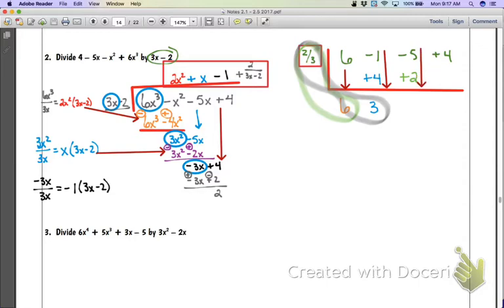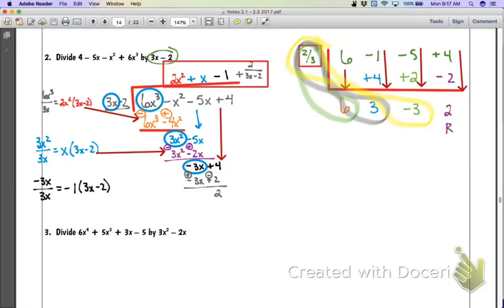Straight down, so then I'm going to get negative 3. 2/3 times negative 3 is negative 2. Straight down is going to give me a positive 2.